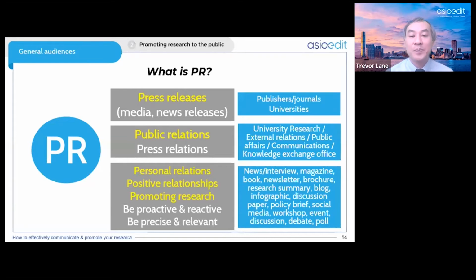So many types of media, and there's also audio, video, and webinars you can do. So think about this, practice some skills, and convert your academic work into non-academic versions.